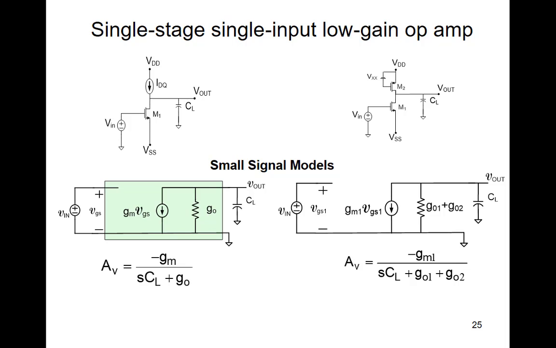So the model of this amplifier circuit has g_out1 plus g_out2 here. I can calculate the transfer function pretty easily at this point. And by definition, the transfer function is the gain. It's a relationship between the Laplace transform of the output and the Laplace transform of the input, and it's equal to minus gm over (s CL plus g_out). Or if we have the non-ideal current source, the gain is minus gm1 of the lower transistor over (s CL plus g_out1 plus g_out2). So now we've got the S domain gain of the operational amplifier.